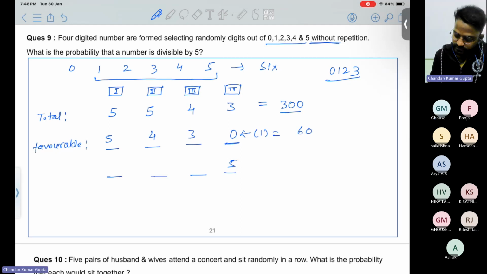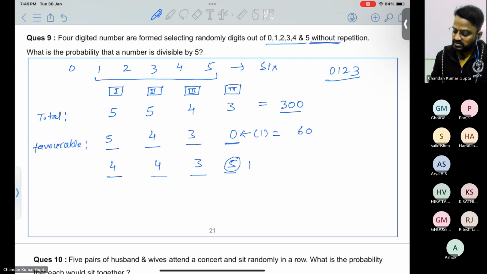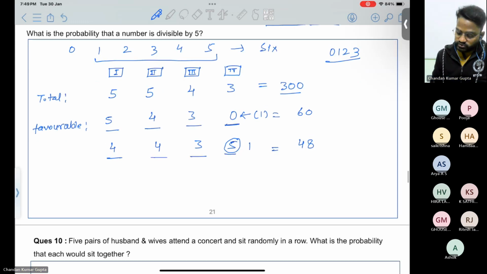And for this, it is 4, it is 4, it is 3. And it has 1 possibility, not 5, because 5 is there. That means 1 possibility. So it comes out to be 48. So total 4-digit numbers formed are 108.